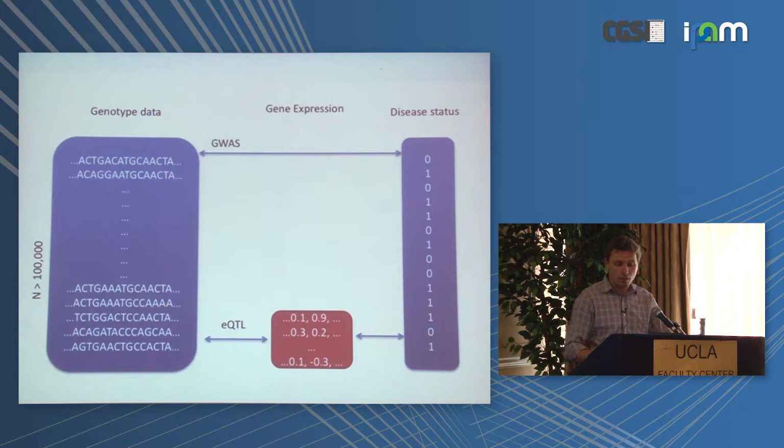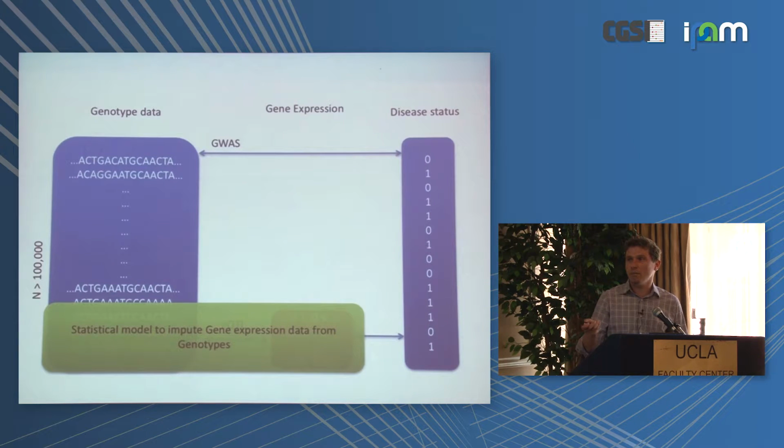Okay? And when we were thinking about these types of problems, this fits directly into a missing data problem, right? Because now I have this type of data, and all that I need to do is fill in this component of the data. So you can imagine coming up with a statistical or computational model where you take this data, build a predictor from genetics to expression, and then take that predictor and start filling in all these quantities for every individual.